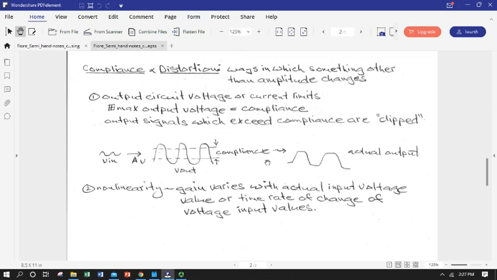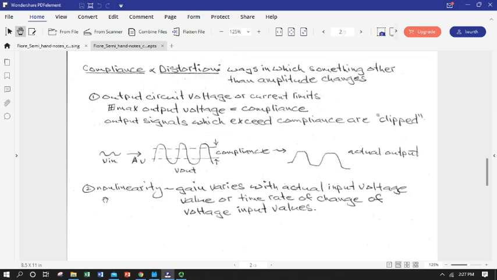And that's actually a bona fide mode of operation for amplifiers known as Class B. It's actually done on purpose, but in that case you have to use two and then recombine the signals. So if you want to only have one amplifier and get your entire signal out, you want a very high compliance so that the whole signal will emerge and you won't be limited by basically your biasing capabilities.